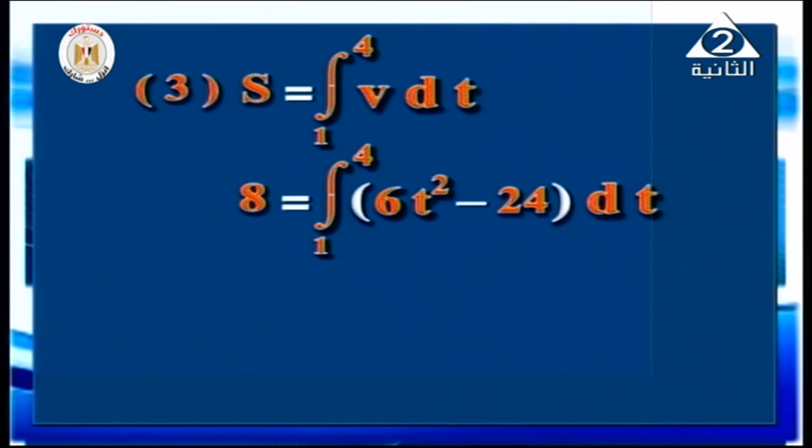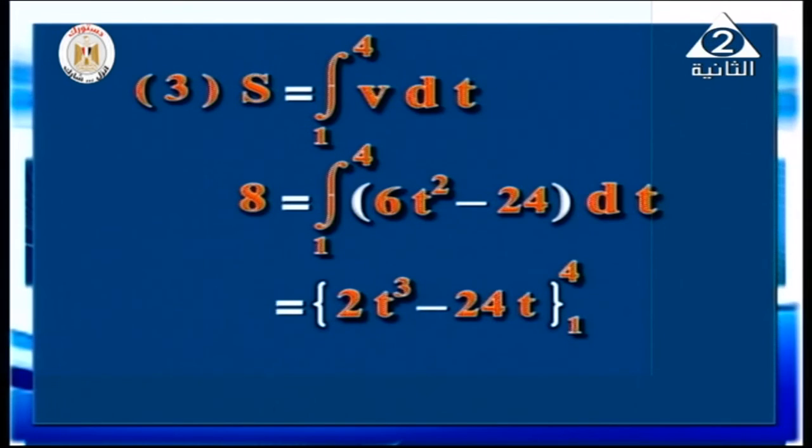Then, what is the integration of the relation? 6t power 3 over 3 minus 24t plus c. My dear student, the constant of integration is 0 in this case. Why? Because we have a definite integration from 1 to 4.